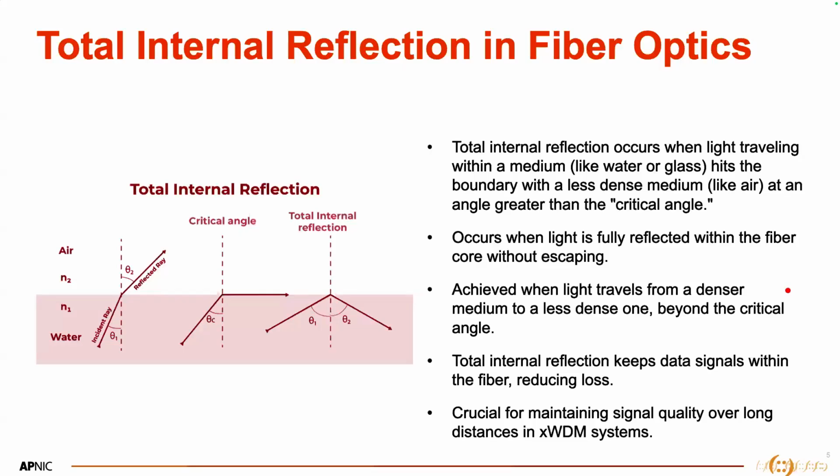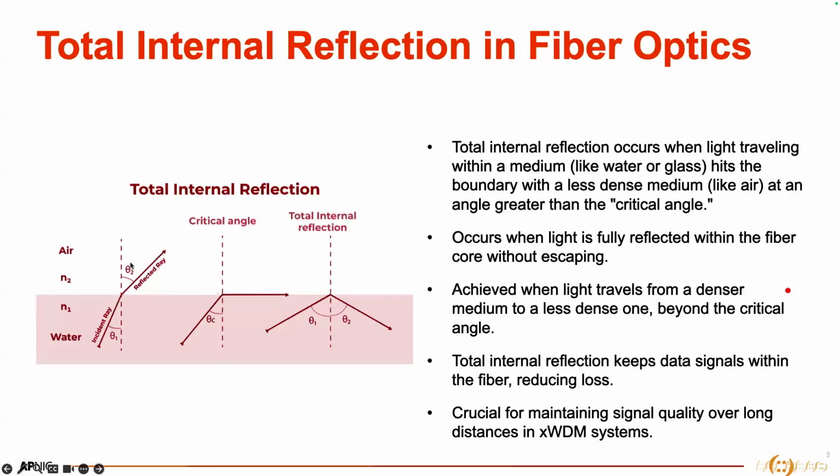The angle at which you are throwing the light in the water medium is called the angle of incidence, and it is calculated between the light beam and the perpendicular normal line between these two layers. Here, theta 1, or theta I actually, right? So this is the angle of incidence.